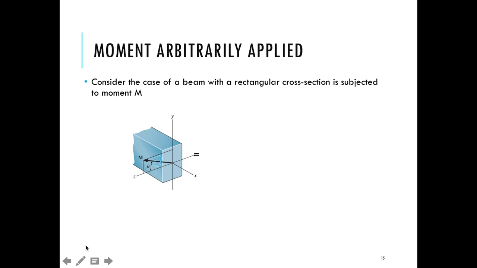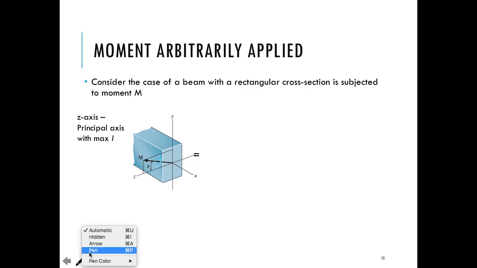As I've already mentioned, I've properly established my right-handed coordinate system such that the x-axis is coming out of the beam, the origin is at the centroid, and the y and z axes align with the principal axes, following the convention that the z-axis is the principal axis with the maximum moment of inertia. Once I've done all of this, I start defining the bending moment M. Let me define the angle first.